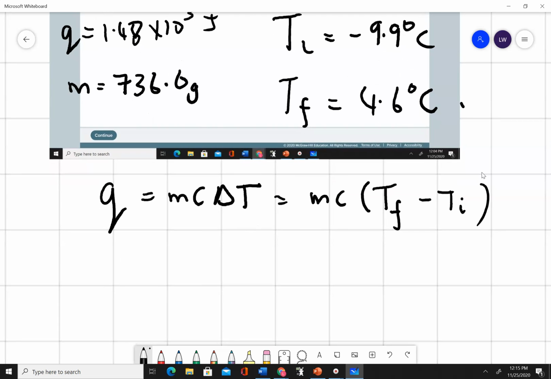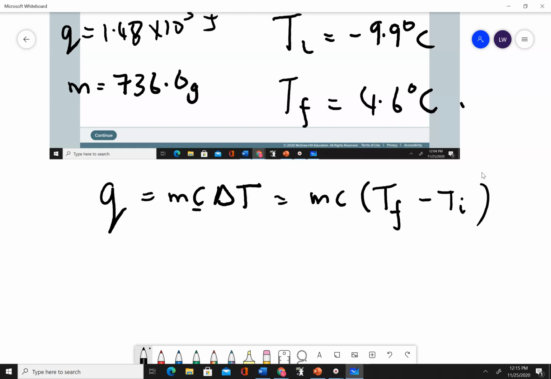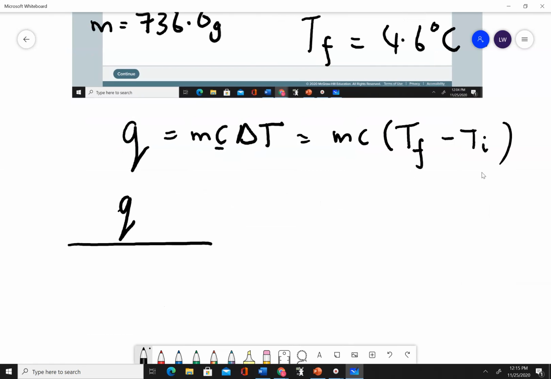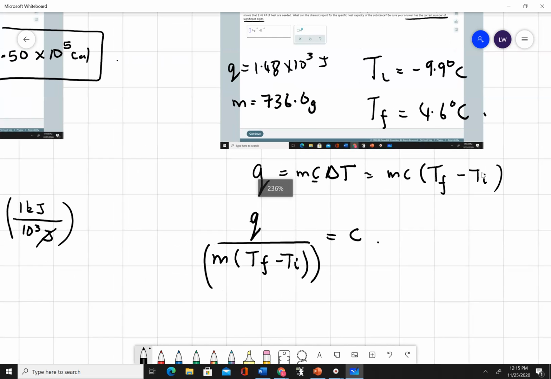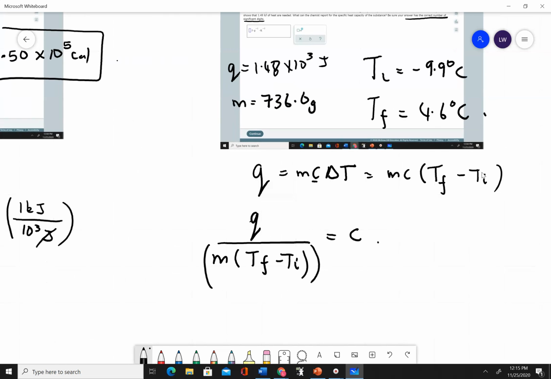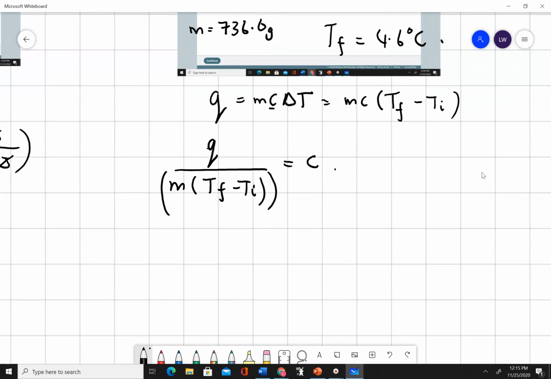And we're trying to solve for the specific heat, the C. So we know that Q divided by m multiplied by T final minus T initial. Now whenever we have multiple things on the bottom line, you always want to get them in parentheses. That's going to be equal to my C. Now we're asked to give the C in specific units of joules per gram per degree Kelvin.